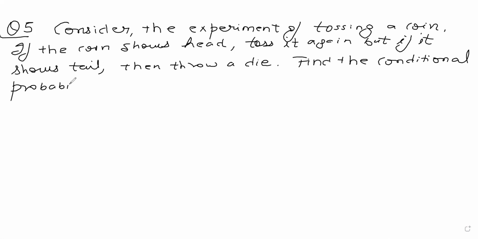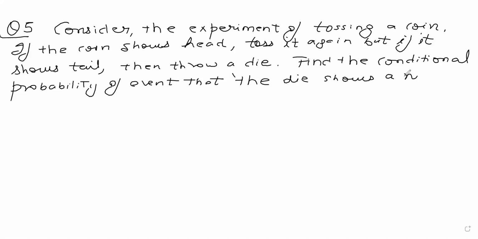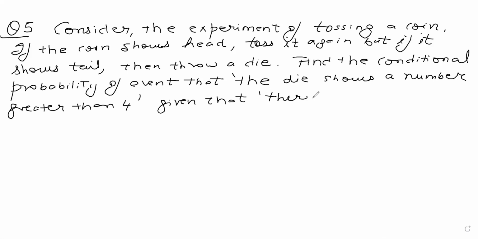Find the conditional probability of the event that the die shows a number greater than 4, given that there is at least one tail.